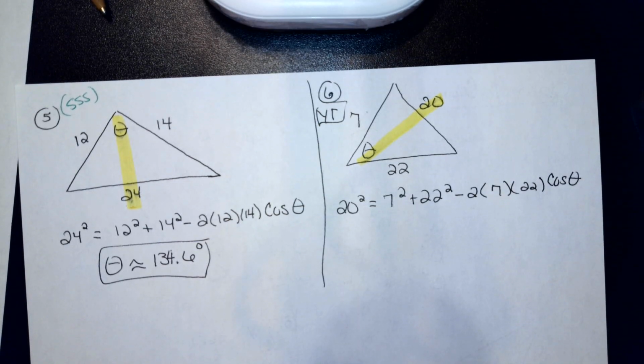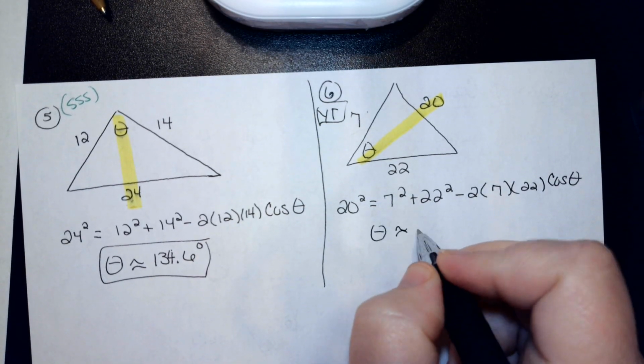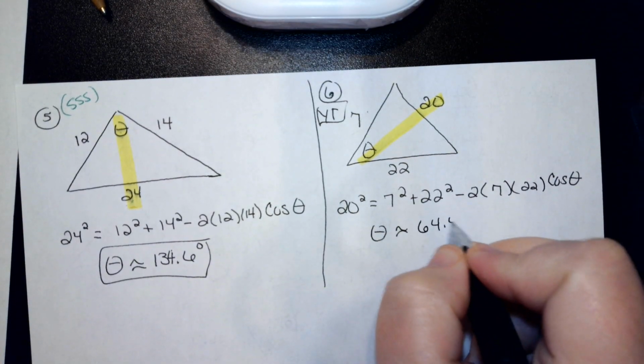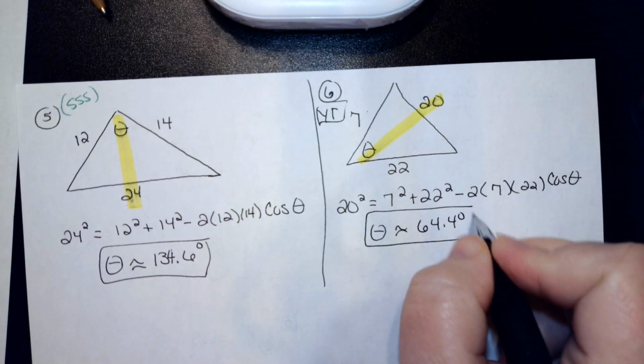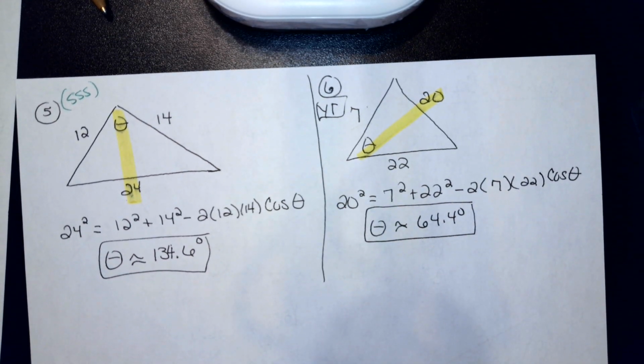When you put this in Desmos, you should end up with theta approximately 64.4 degrees. So again, left side, right side, and see where they intersect.